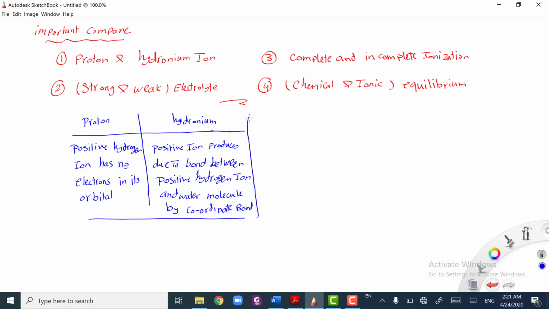The second one, complete and incomplete ionization, or strong and weak electrolyte.